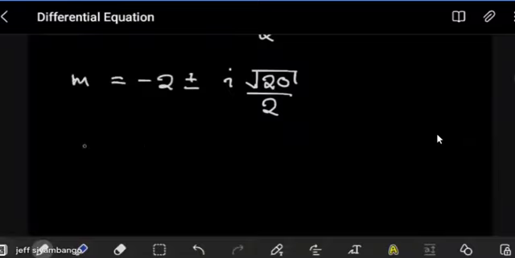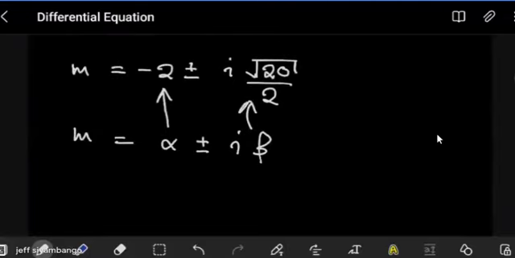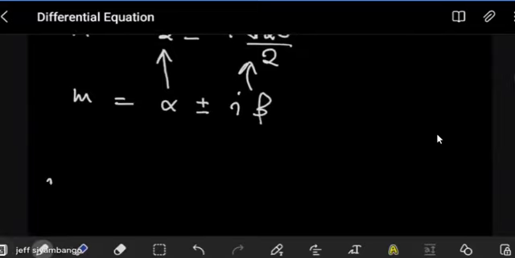So from here, remember m in such a case had two important pieces, alpha and beta. So it implies that the negative 2 is our alpha, the root 20 over 2 is our beta. With that in mind, the general solution will now have e to the power alpha x. So for alpha, we have minus 2x.